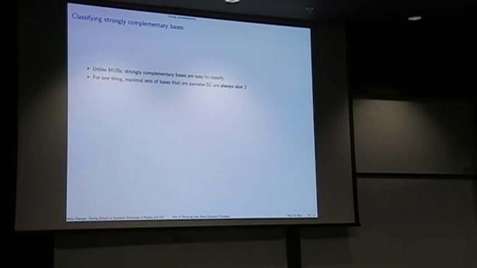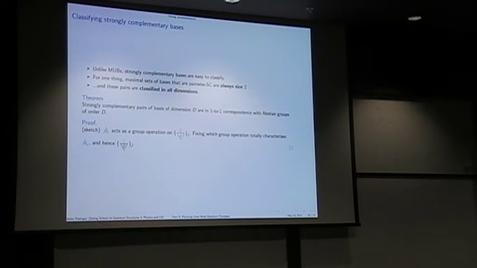So we always talk about pairs of these. And these pairs are totally classified in all dimensions. They are classified by finite abelian groups. So a pair of strongly complementary observables is in one-to-one correspondence with an abelian group of order that dimension.